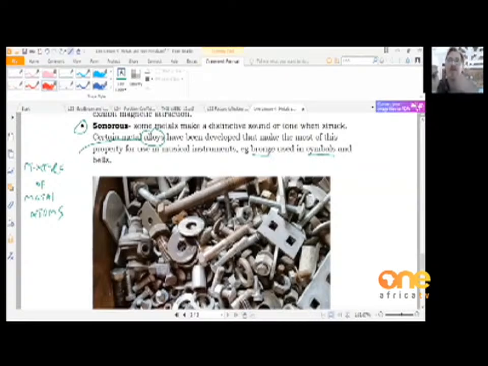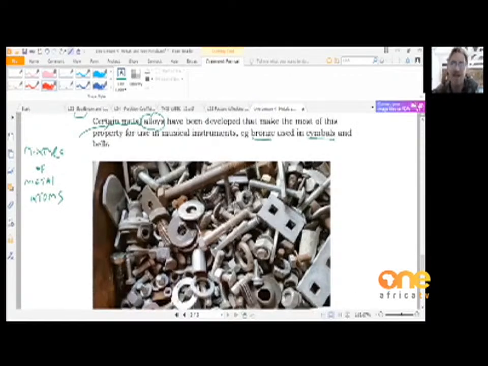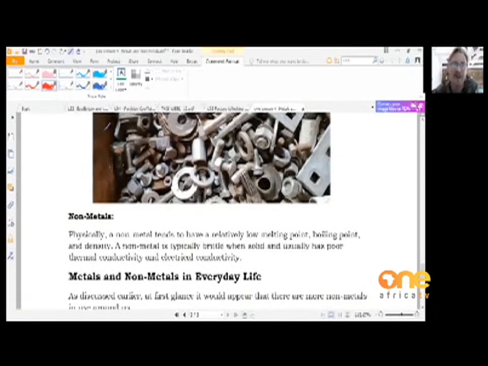So for instance, if you were to take a piece of lead and you were to shape it into the shape of a cymbal and you hit it, it would just make a dull thunk sound. Bonk, bonk. It's a dull metal. But if you take bronze and you cast it and shape it into a cymbal and you hit it, you'll get a lovely ringing sound. So sonorous means that some metals can make a distinctive sound. It's a very interesting property.